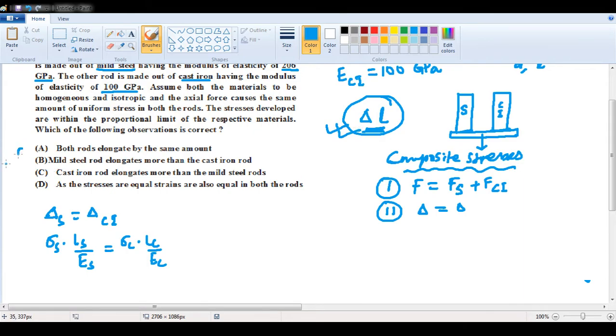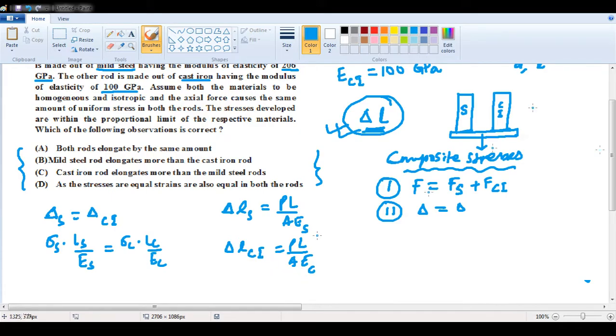Our agenda is to find the extension. So I will first go for extension of steel, which is PL by AES. Similarly, we'll go for cast iron, PL by AEC.